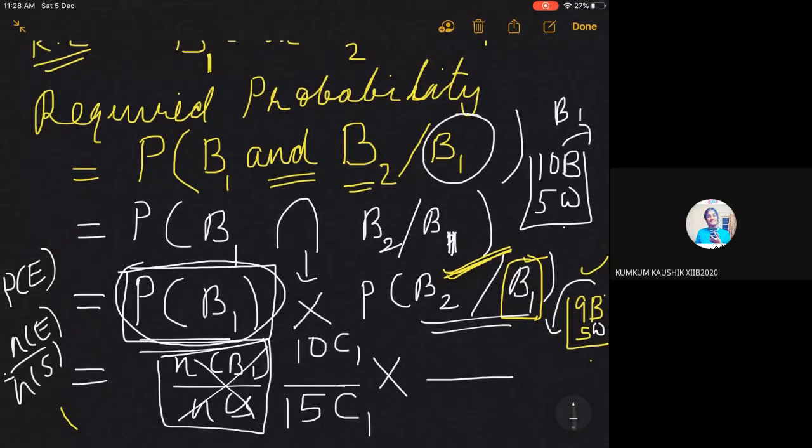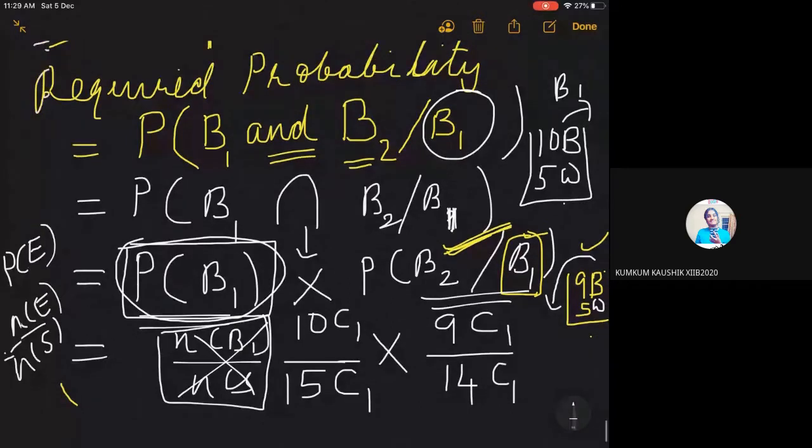Selecting 1 black ball from the 9 black balls can be done in 9C1 ways, divided by the number of elements in the sample space, which is out of 14, you are selecting 1. So it is 9C1 by 14C1.